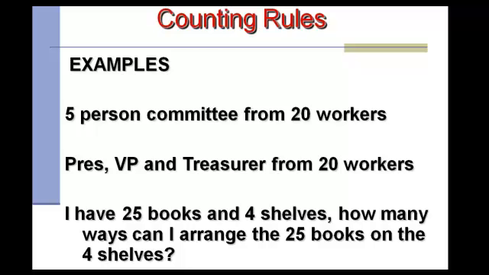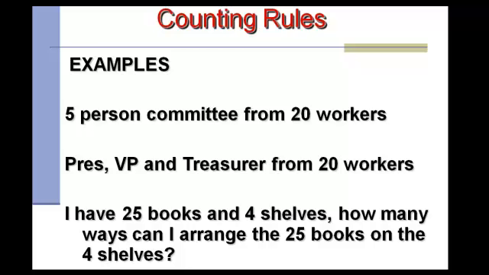If you had person A, B, C, D, and E, would that be the same as B, A, C, D, and E? Yeah, it's the same committee. So does order count or not? A 5-person committee from 20 workers would be a combination, because the same 5 people, no matter in what order, are the same committee. Combination.